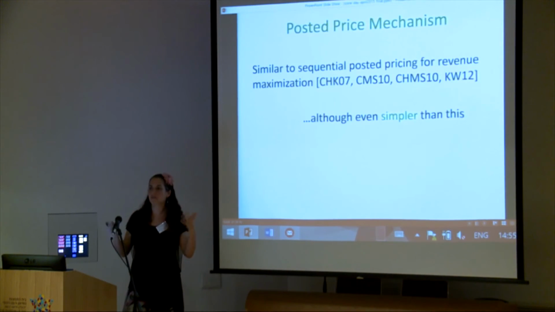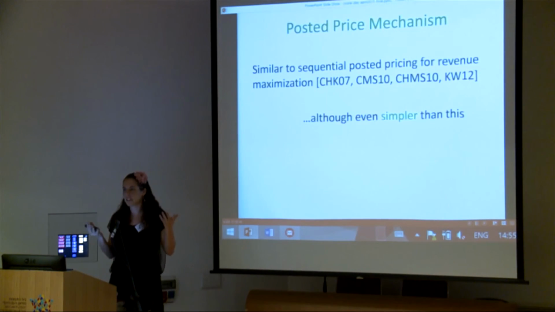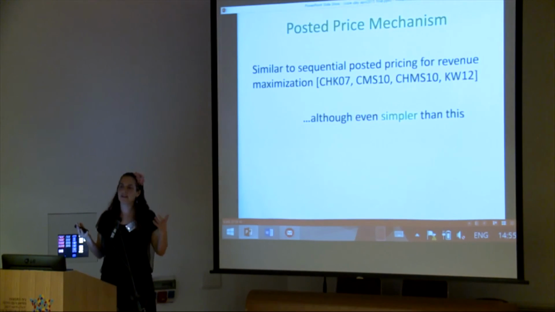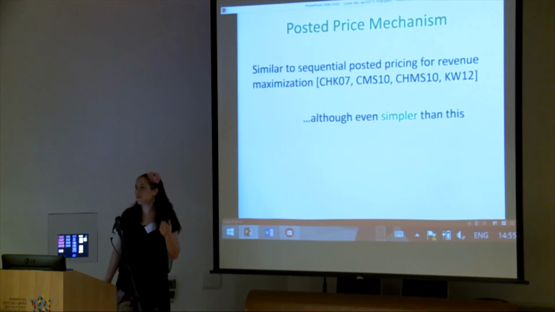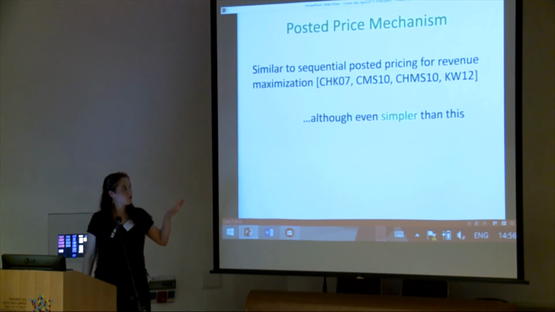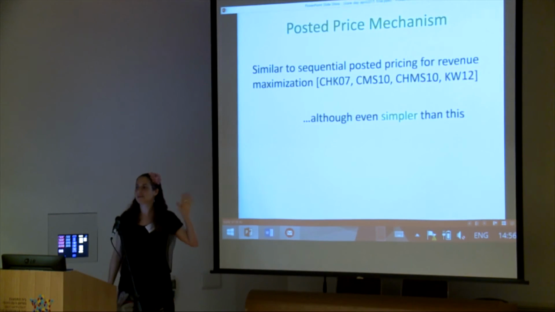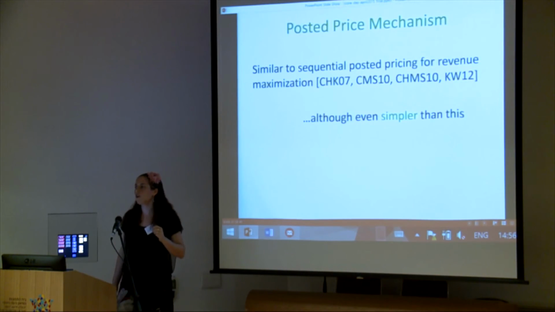We have some very complex optimal mechanisms, which we know how to describe, and the question is, can you get an approximately good outcome with very simple mechanisms which work by just posting prices on items? Our posted price mechanism is even simpler than those studied for revenue maximization. So with this introduction, let me describe the form of our posted price mechanism.